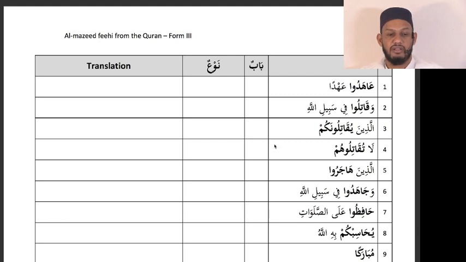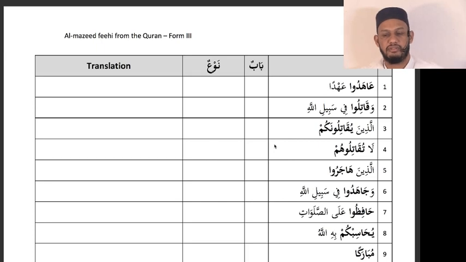This is qatilu. Okay. So actually the answer is the amr. Remember, qatala yuqatilu. Qatala is the Maldi. And the amr is qatil. Qatil means you one male kill, or you one male fight. For many people it will be qatilu. So it's the amr. Waqatilu. And all of you fight fi sabilillah, in the path of Allah.